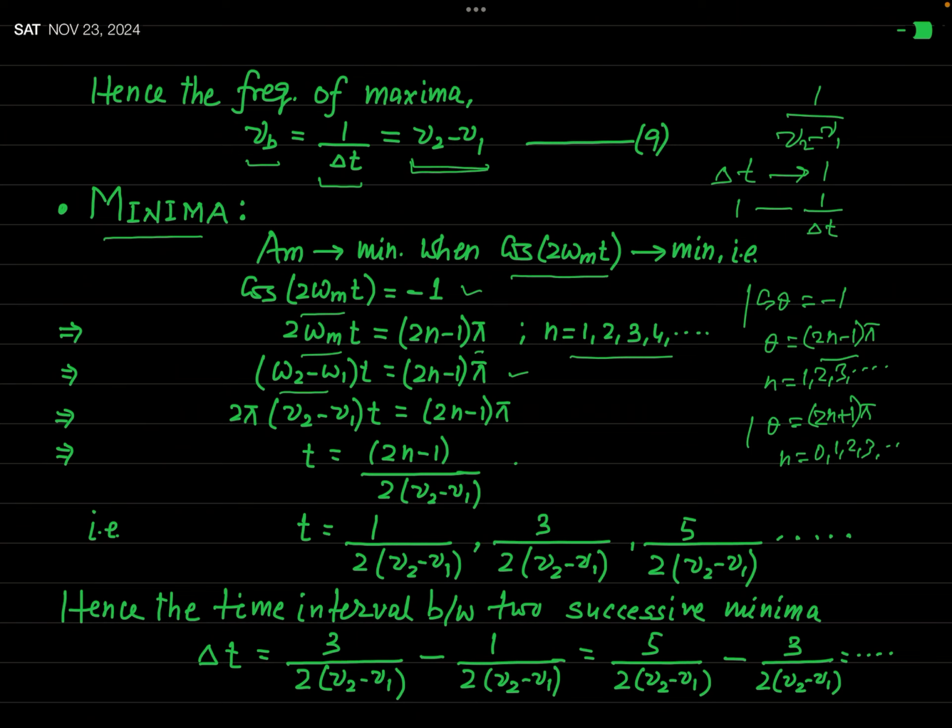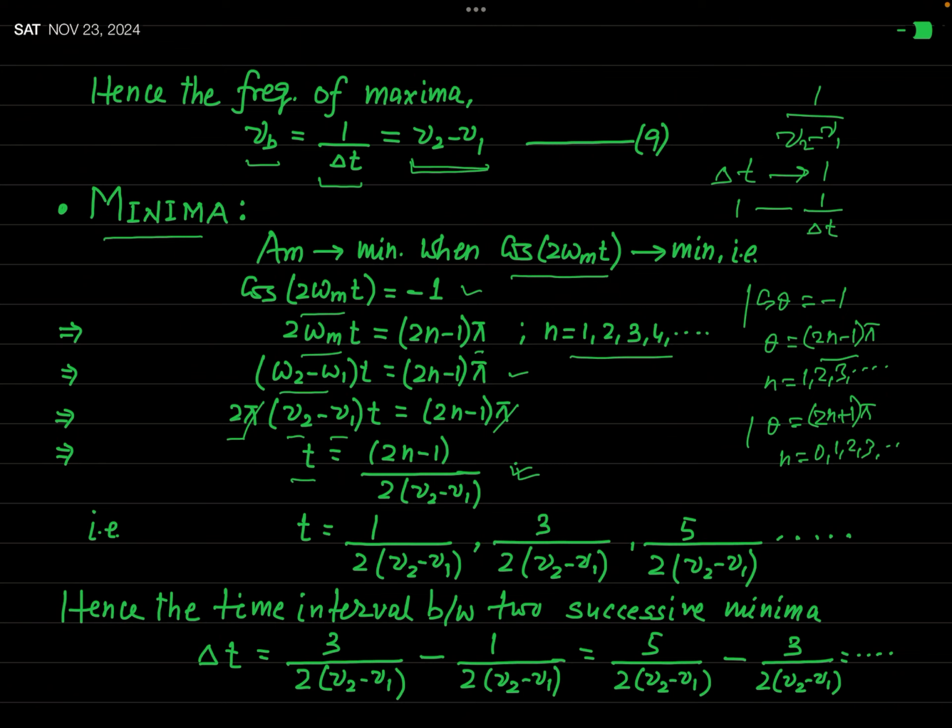Now, omega 2 minus omega 1 can be written as 2 pi times (nu 2 minus nu 1), and that is equal to (2n minus 1) into pi. Now this pi and this pi will cancel out, and the time t at which the resulting amplitude Am will be minimum will be equal to (2n minus 1) over 2 times (nu 2 minus nu 1).